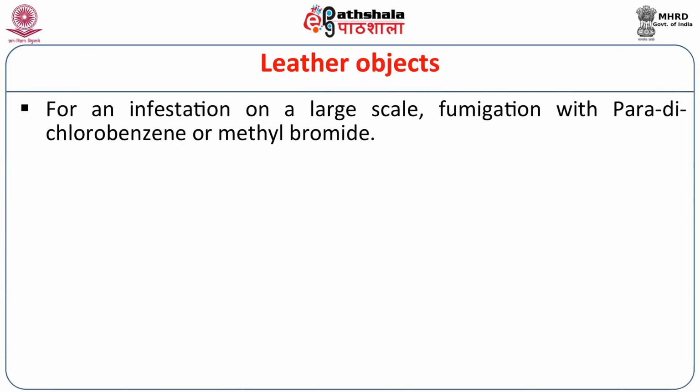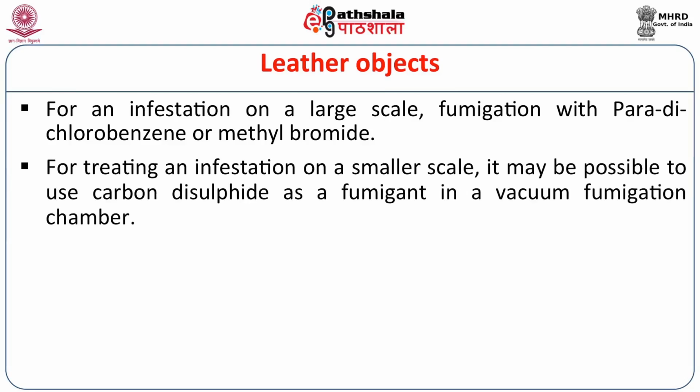For an infestation on a large scale, fumigation with para-dichlorobenzene or methyl bromide is advisable. For treating an infestation on a smaller scale, it may be possible to use carbon disulfide in a vacuum chamber.